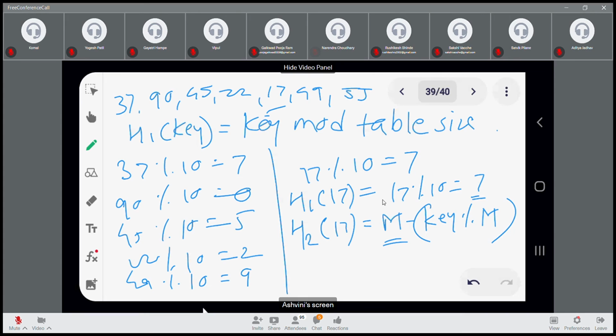Smaller than 10 means the immediate number is 7, right? So you need to consider 7 as the prime number. So here it is 7 minus 17 mod 7. So 7 minus, now 17 mod 7. What is the value?